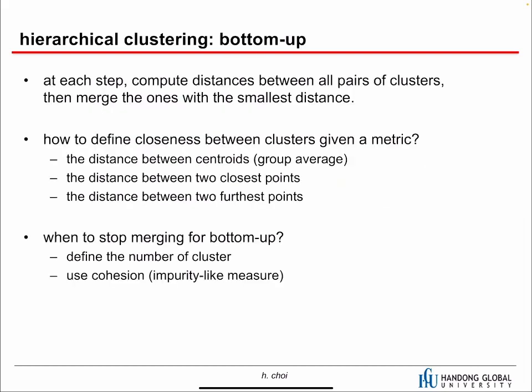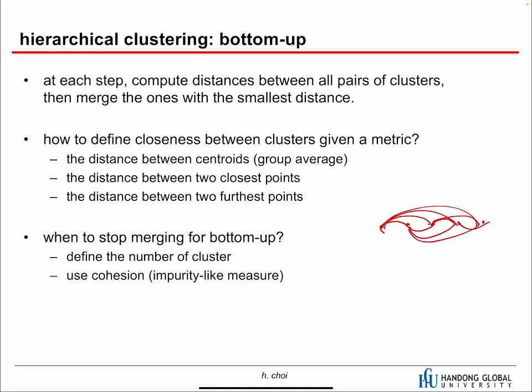Let's talk about the bottom-up approach. At each step, we have to compute the distances between all the pairs of clusters, and then we merge the ones with the smallest distance. When we have samples like this, we have to calculate all the distances and find the smallest distance.